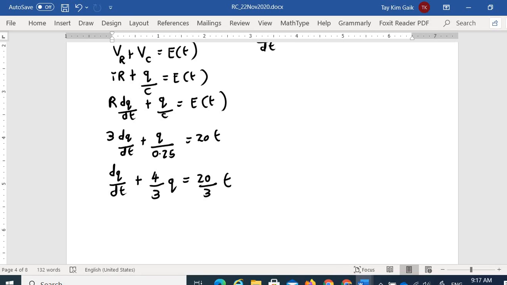As I said, if the right hand side is no longer constant, it can only be a linear equation, because in this case it's impossible for you to separate function of q to dq, function of t to dt. Let me try to show you.